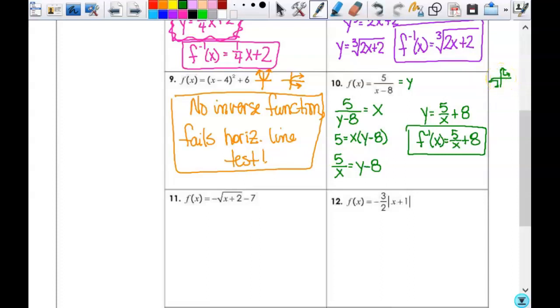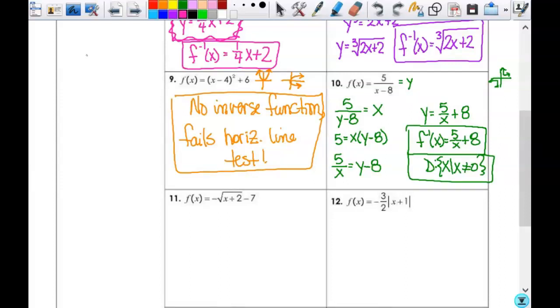When you do the inverse and you exchange x and y, you also exchange the domain and the range. So the range here was just basically that y can't equal 0, so the domain here that I have is all values of x such that x cannot equal 0. And so I would have known that even if I hadn't solved that, because it's the range of the function itself.